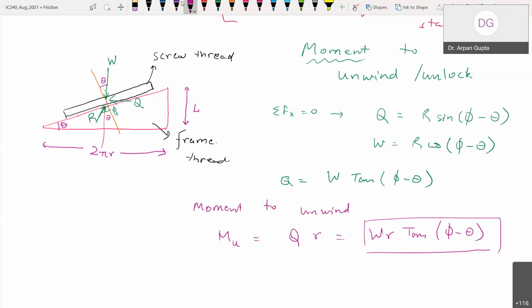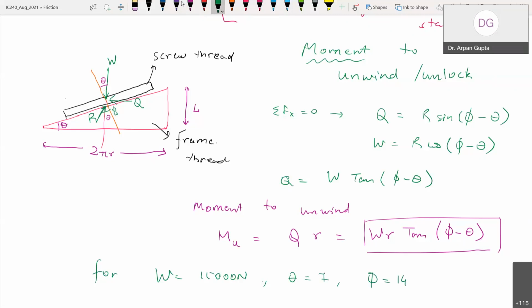So if you do the same calculation for the previous problem that we have considered, W is equal to 15,000 newtons. Theta was the same, I think 7 degrees, phi was around 14 degrees.